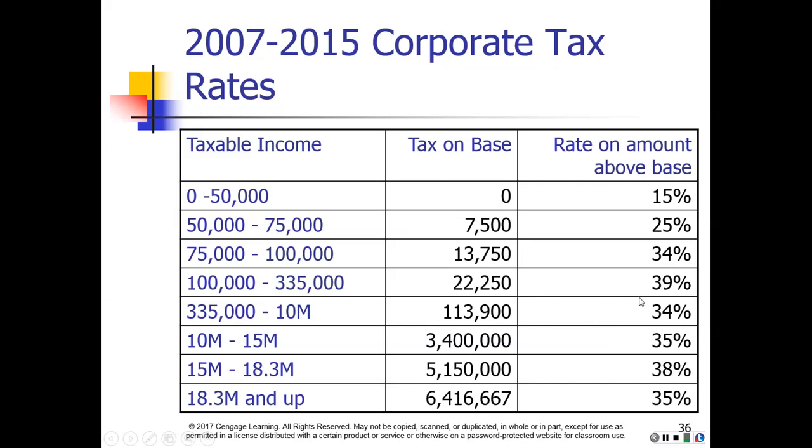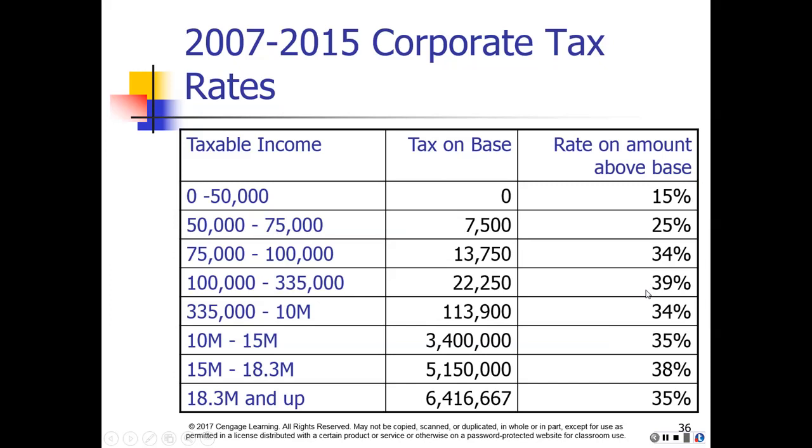So you can see that this looks a little weird. There's a range where you're paying 39% on marginal income, and then it drops down to 34%, and it might look weird, but what it's doing is that by the time you are paying 335,000, your average tax, not just the marginal, but your average tax also gets up to 34, right?